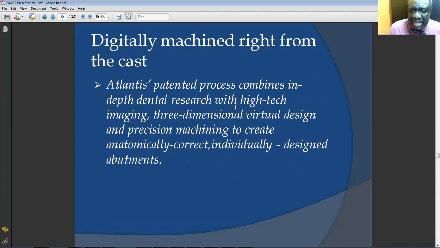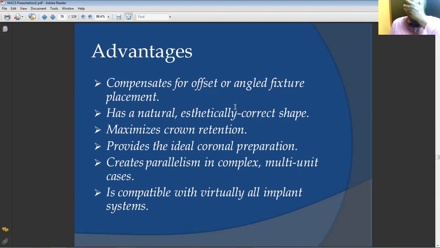Atlantis's patented process combines in-depth dental research with high-tech imaging, three-dimensional virtual design, and precision machining to create anatomically correct and individually designed abutments. The advantage is that it compensates for offset or angled fixtures. In other words, when you have a wrongly angled implant, the Atlantis abutment can compensate.